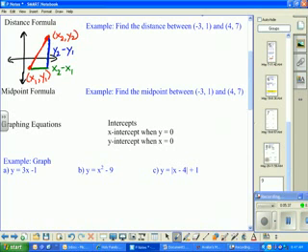Now, you could do absolute value. We're going to leave this one as is because if you remember the Pythagorean theorem, because this makes a right triangle, I know that a squared plus b squared equals c squared. So my distance squared, which is my c squared, is my a squared plus b squared.